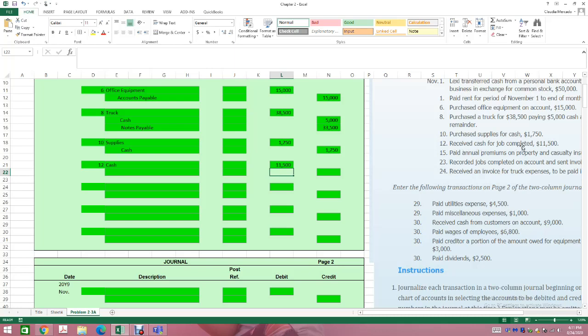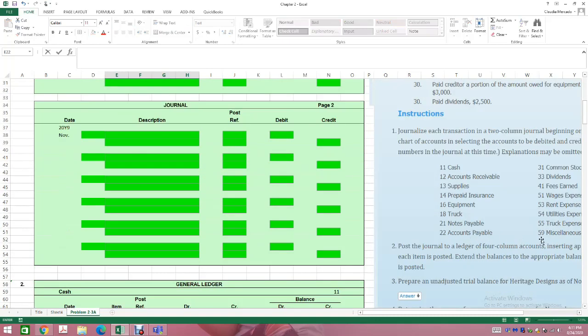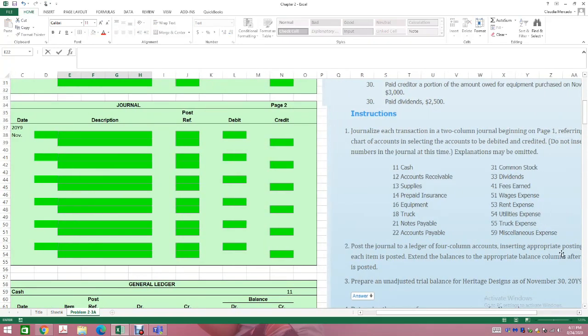Okay, well, why did you receive $11,500? Well, you performed a service of some kind. Okay, so we need to go look and find our revenue accounts. Our revenue accounts will always start with a 4. Okay, and we only have one revenue account, which is called fees earned.